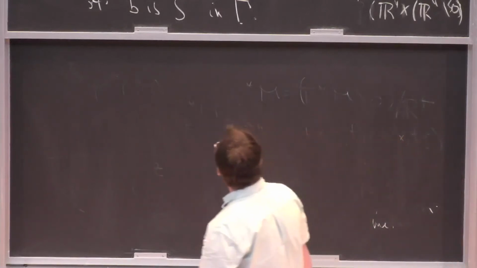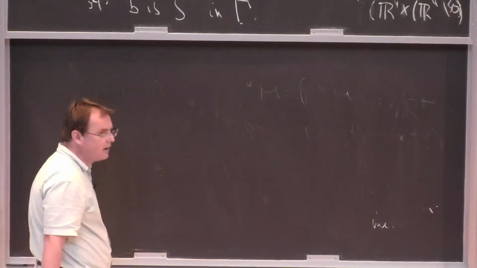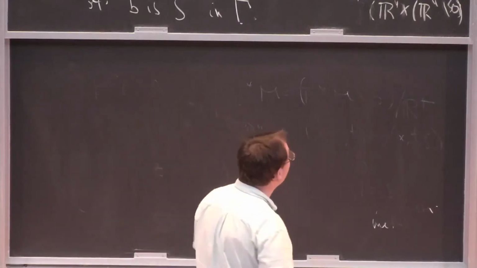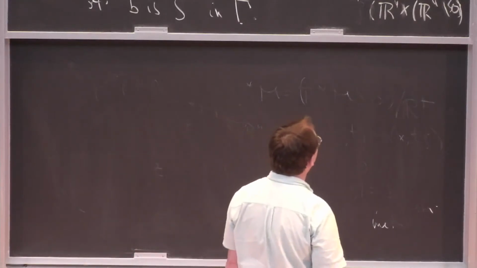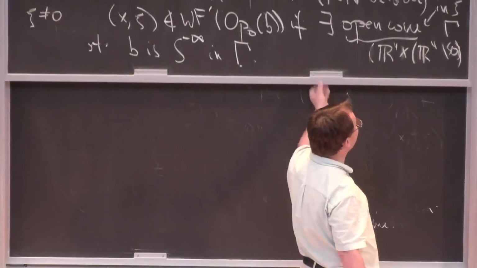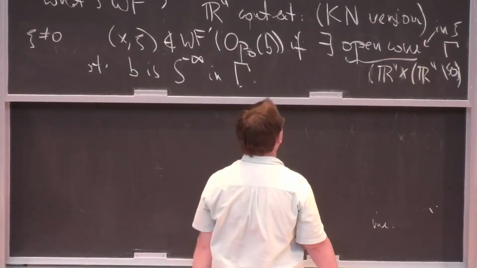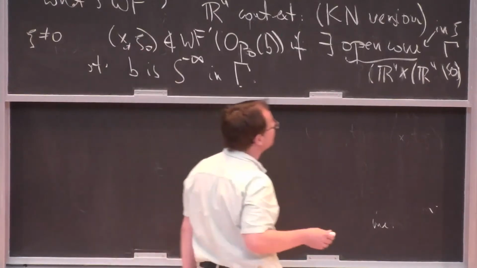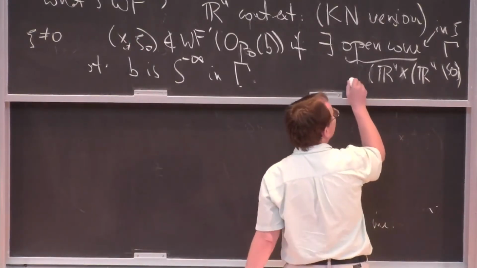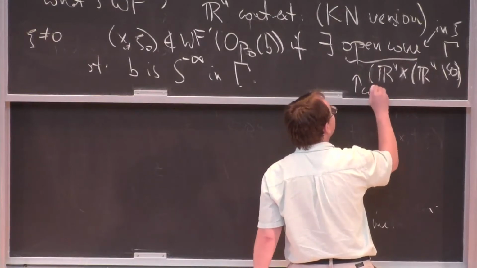So now, in x, xi, conic in the second variable, in gamma containing.